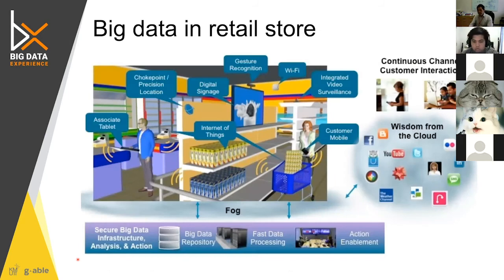Right, I already showed you this. Big data can occur in retail too. From that, I asked you what you think happened there and how big data played a role. You can see that there are a lot of ways to gather the data, but there must be a point where these data are gathered in one place, the big data repository on the cloud.